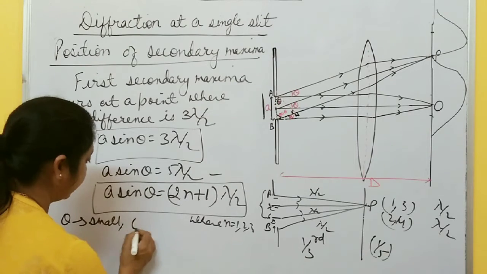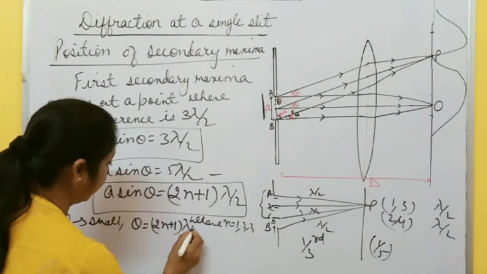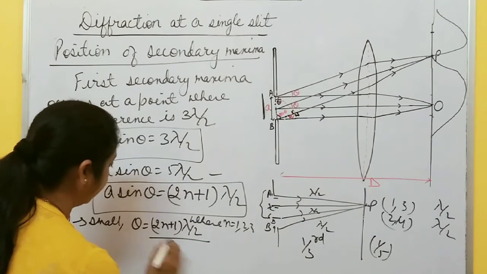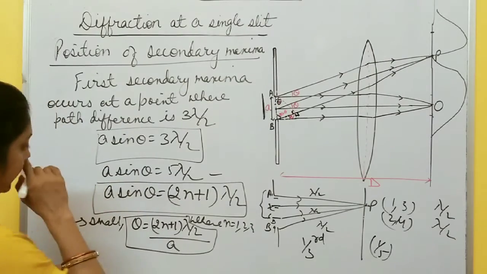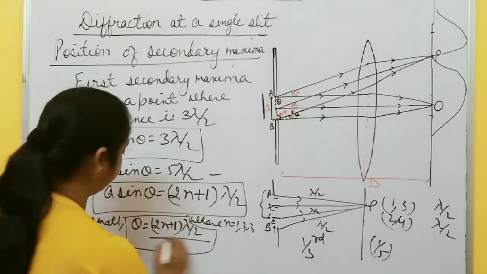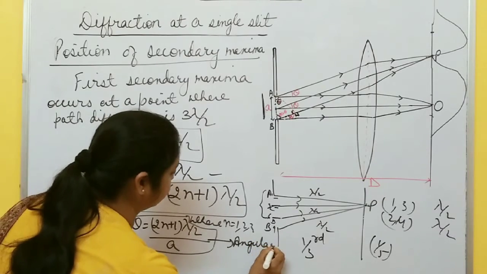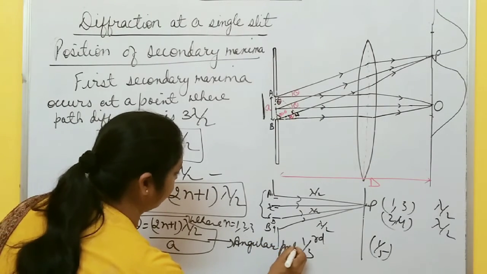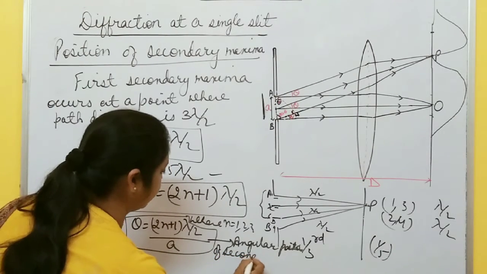So in this way, theta equals (2n+1) lambda by 2a. This is the position of secondary maxima, the angular position, right? This one is the angular position of secondary maxima, okay?